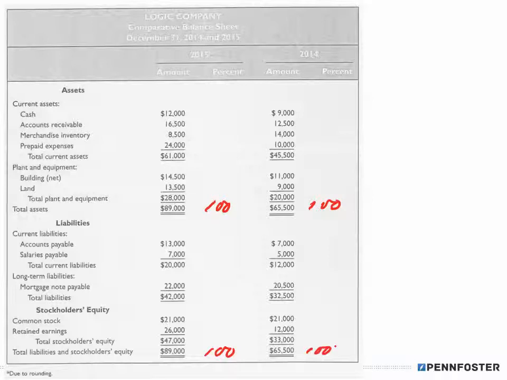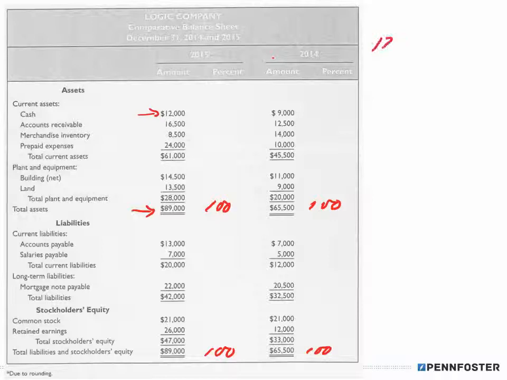Now, all it is, is a matter of taking whatever number you're looking at and dividing it by that 89,000, or the total assets.